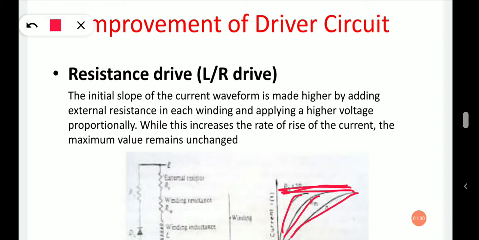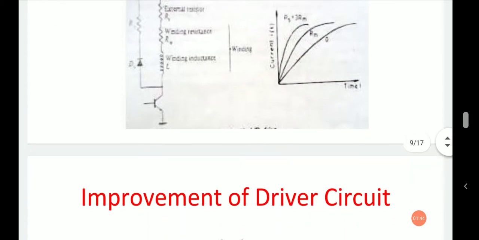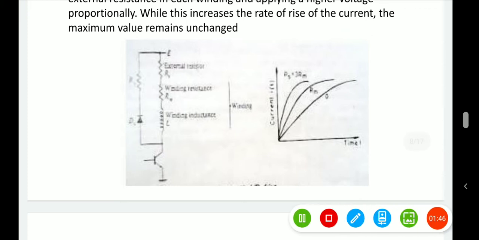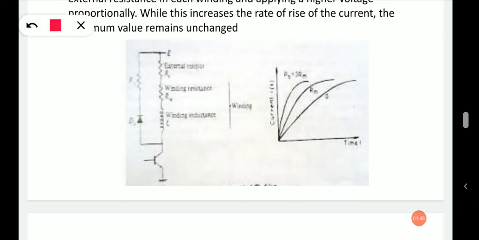So for the increase of the rate of rise of current, the maximum value remains unchanged. And here in this drive there is external resistance, winding resistance, winding inductance.